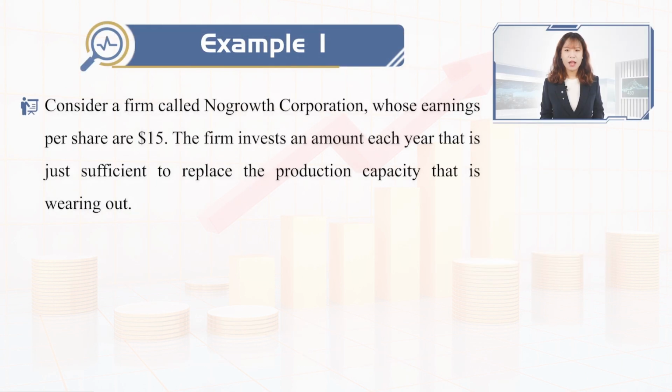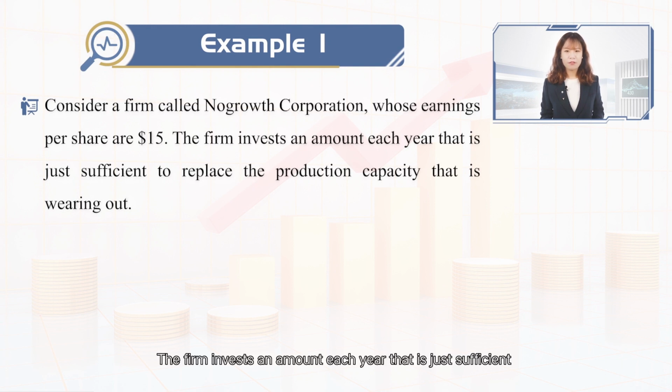For example, consider a firm called No Growth Corporation, whose earnings per share are $15. The firm invests an amount each year that is just sufficient to replace the production capacity that is wearing out. So its net investment each year is zero.